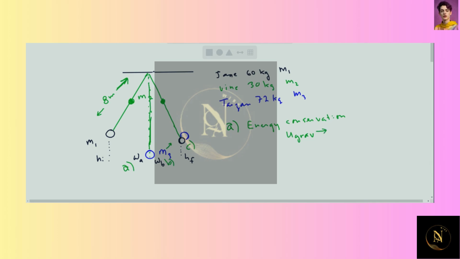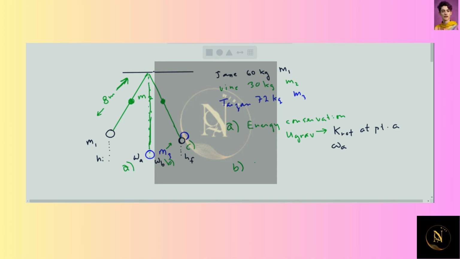And I am going to use not translational kinetic energy, but rotational kinetic energy at point A. And what we'll be solving for is the angular velocity of that rope vine system before Tarzan gets picked up.